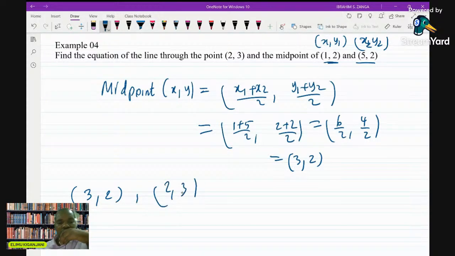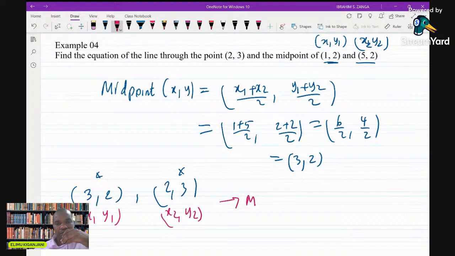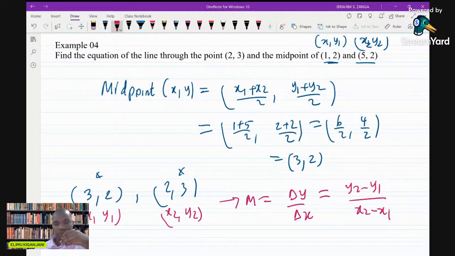Use these 2 points here to find the equation of a line. So again, we're going to call this x1, y1, and this is going to be x2, y2. So we start with the slope, changing y over changing x, y2 minus y1 over x2 minus x1.